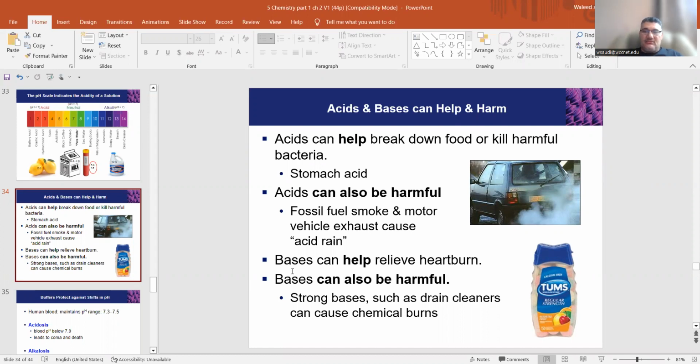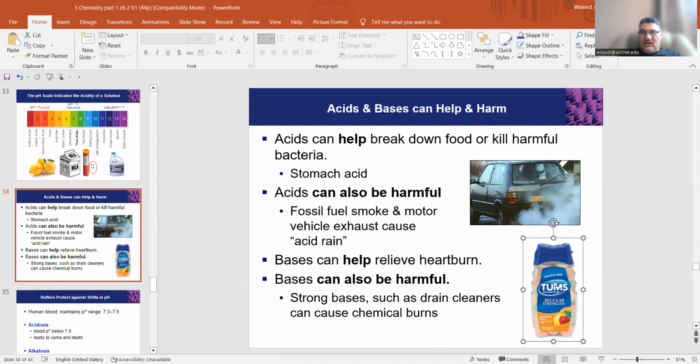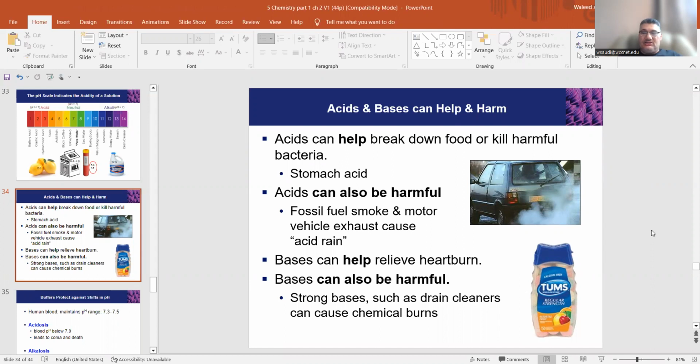How about the base? Is that something good or bad? Same thing. You can't say good or bad. If it is serving a purpose, it's good. If it is not serving a purpose, it's bad. So look at this, Tums. Any one of you guys used it before? Rolaids, Tums. This is medicated mint. It's not mint, it's medicated.